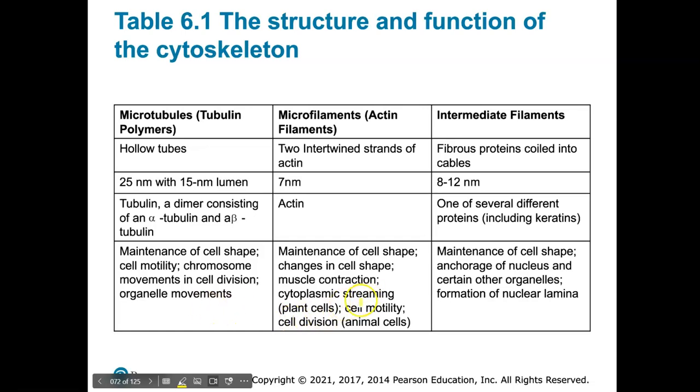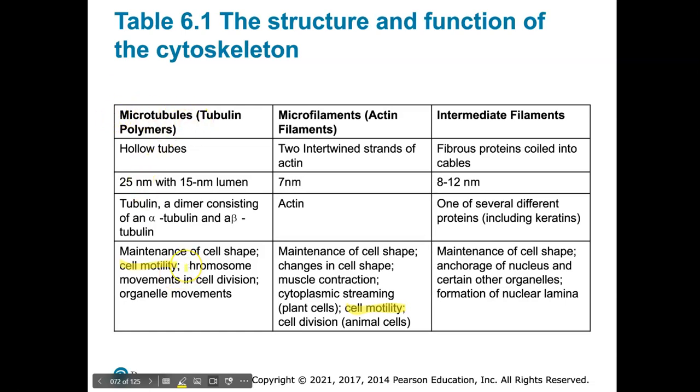The microfilaments, or actin, as well as the thick filaments, or microtubules, function in cell motility, in cell movement. That can be internal movement, or movement of the cell, like we saw the paramecium swimming using cilia on the outside. Those cilia are composed of microtubules.